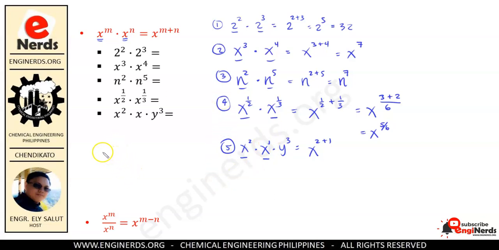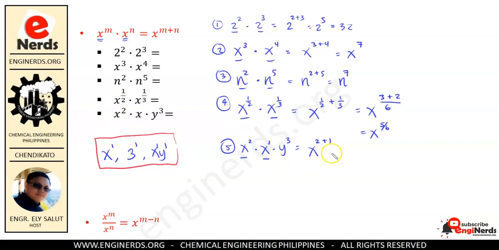So, for example, if you see an x, it immediately has an exponent of 1. If you see a number 3, it automatically has an exponent of 1. If you see x, y, it automatically has an exponent of 1 on the x and an exponent of 1 on the y. So, we have to remember this, guys. This is very important, so I will box it now.